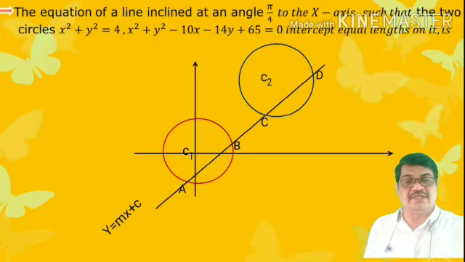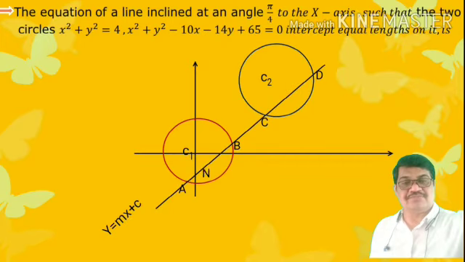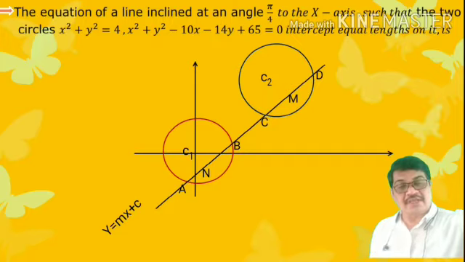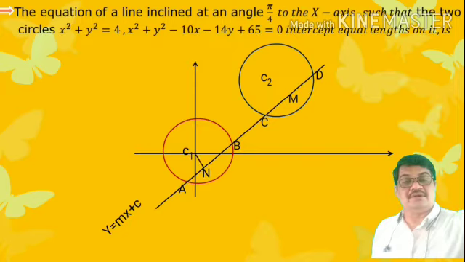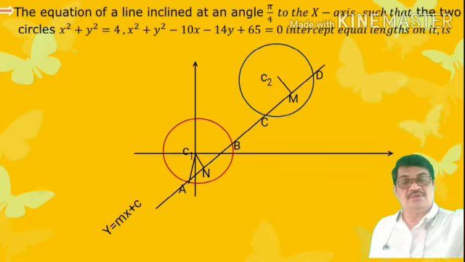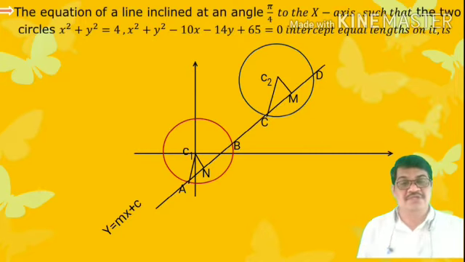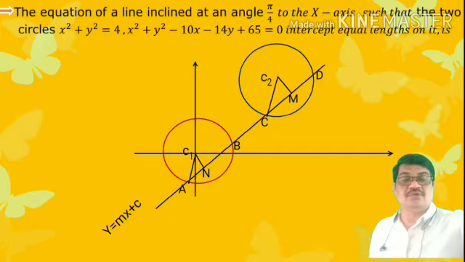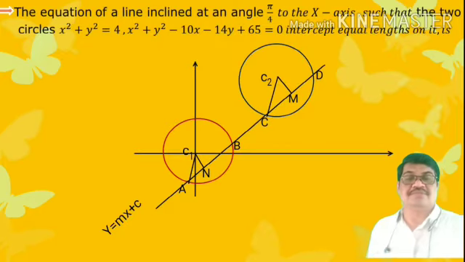Now we write the equation y is equal to mx plus c. Now we take C1N and C2M as the perpendiculars from the centers onto the line, and join C1A and C2C.